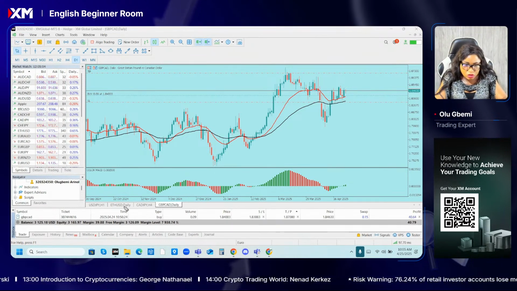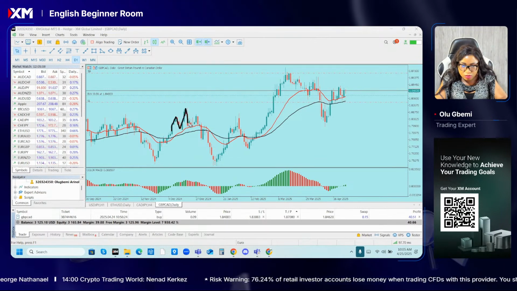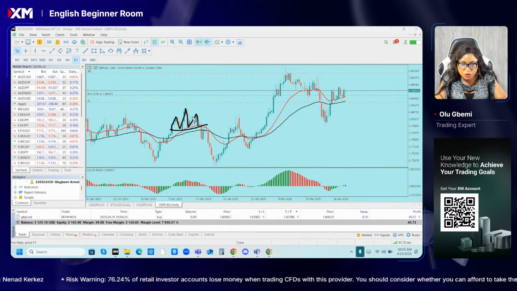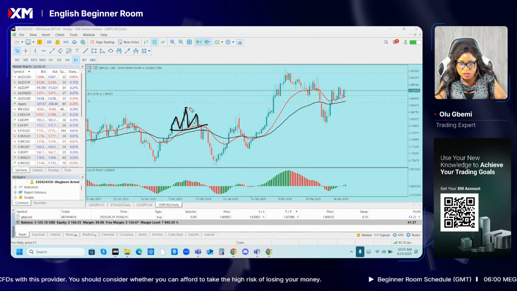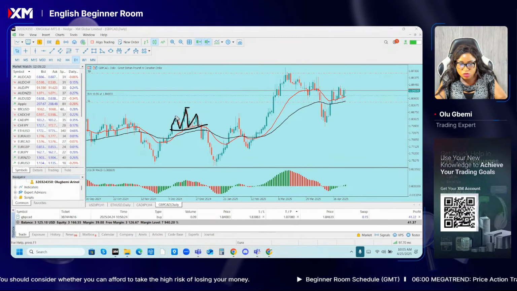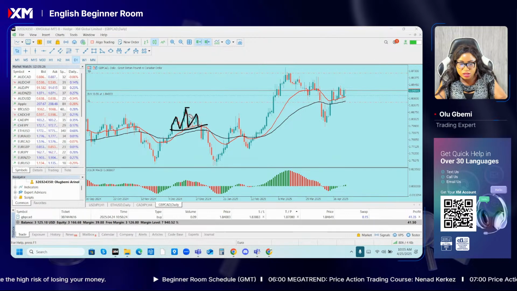Here we have 3 peaks: we have a high, a higher high, and then a lower high. This is called head and shoulders, especially when the middle one is higher than the others. So these two are the shoulders: we have the left shoulder, the right shoulder, and then the head.